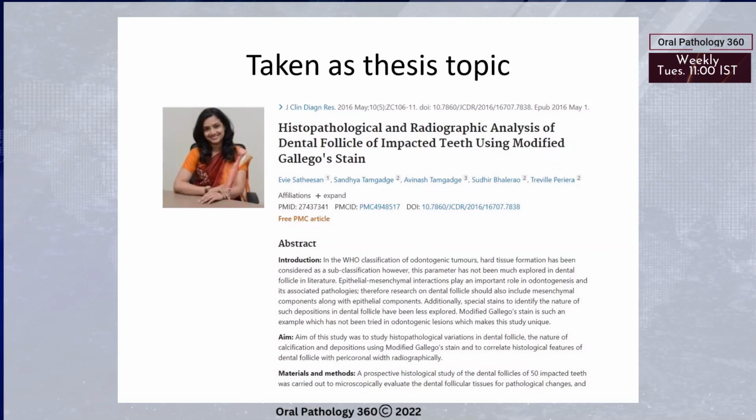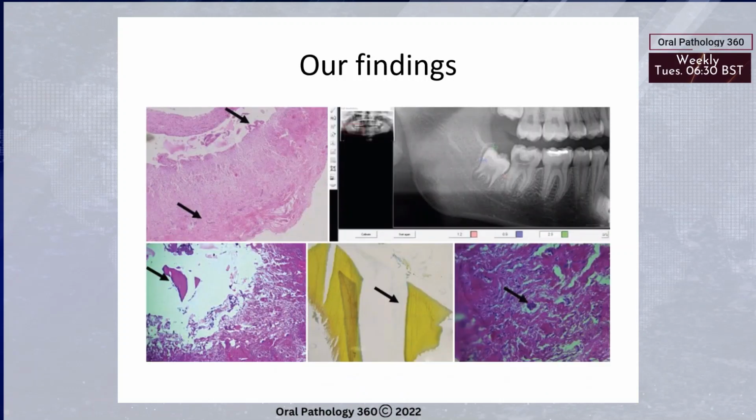So what we did was we collected all the asymptomatic dental follicles around the disimpacted teeth, measured the dental follicle width and saw the epithelial lining and stroma, and any changes in the stroma, even though the follicles are asymptomatic.